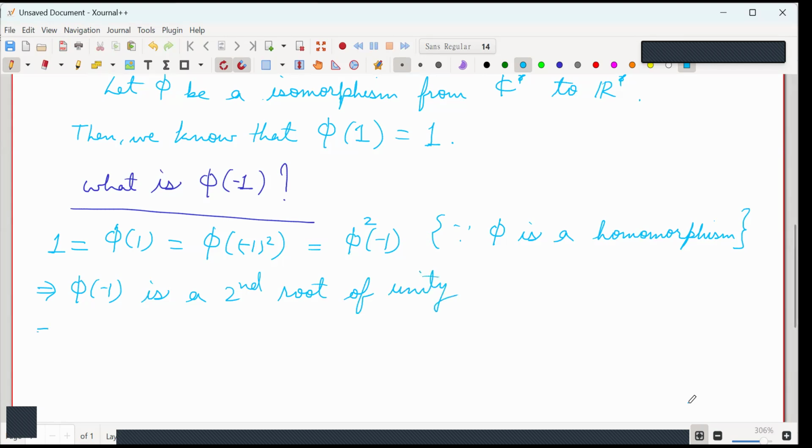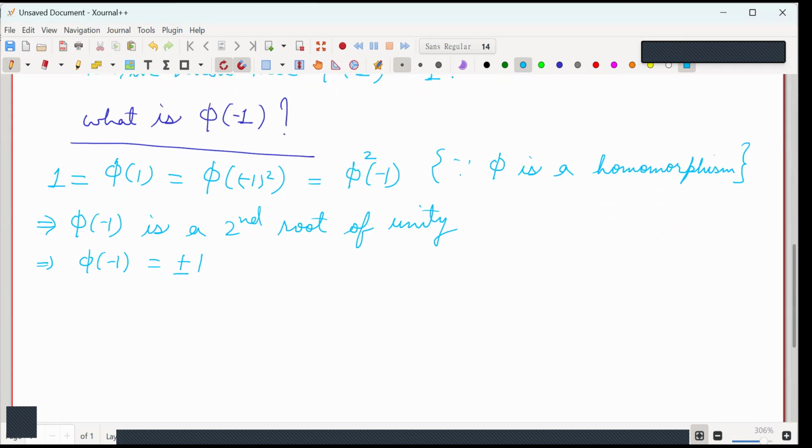Clear? Yes. That means phi of 1 is either 1 or minus 1. Simply 1 is phi of minus 1 square, so phi of minus 1 can be either 1 or minus 1, right? Yes, sir.